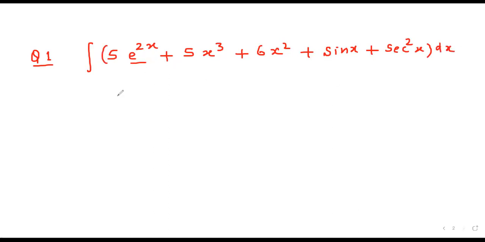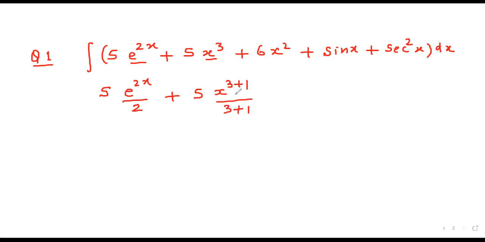Here, as I told you, integration of e power ax becomes e power ax divided by a. So it will become 5 e to the power 2x divided by 2. Integration of x power n becomes x power n plus 1 divided by n plus 1. So it will become 5 x power 3 plus 1 divided by 3 plus 1.